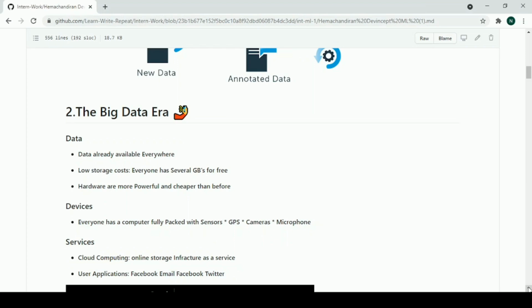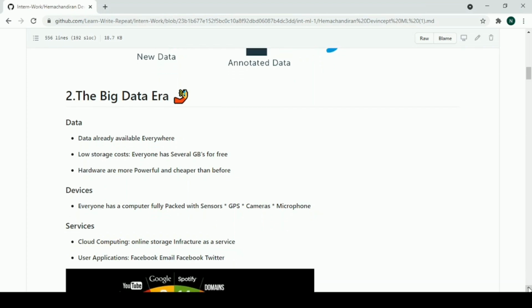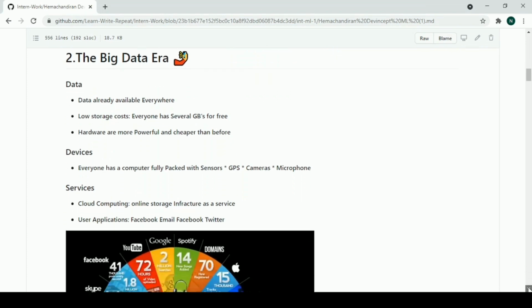Devices: everyone nowadays has a computer fully packed with features like sensors, GPS, cameras, and microphone. Now coming to the services: cloud computing, online storage, infrastructure as a service. Some user applications are Facebook, email, and Twitter.